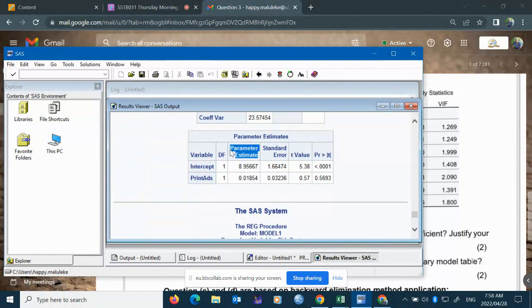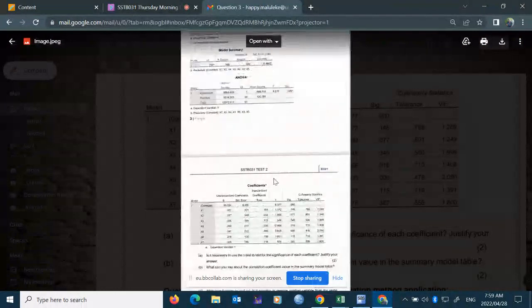Parameter estimate. Now, when you use SAS and you want to find the p-values, it says what? Pr greater than absolute value of t, isn't it? Yes. These are the p-values. But when we move to SPSS, it uses what?